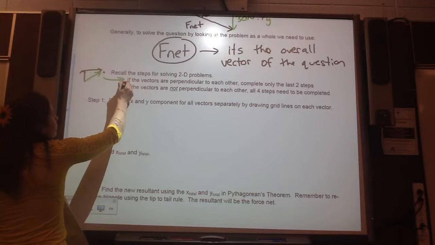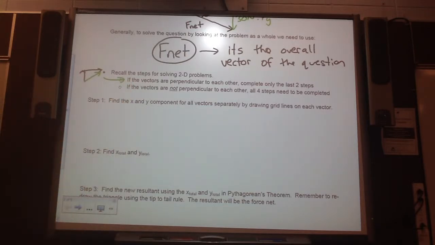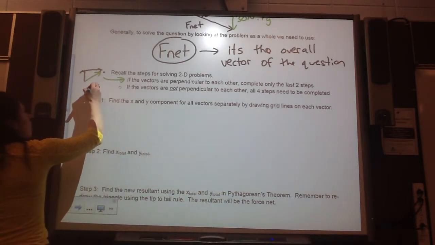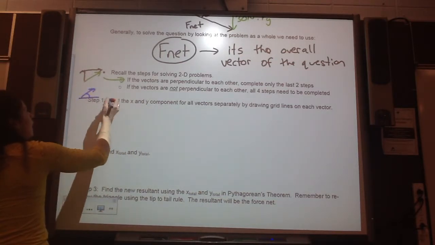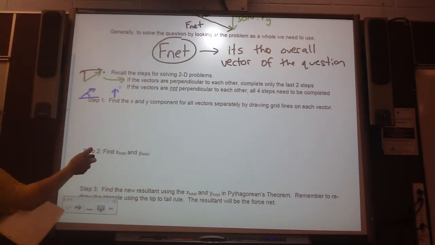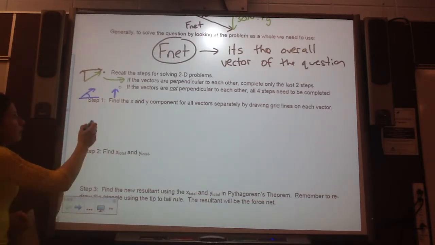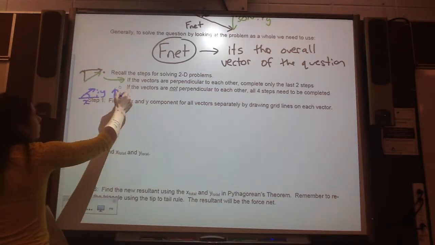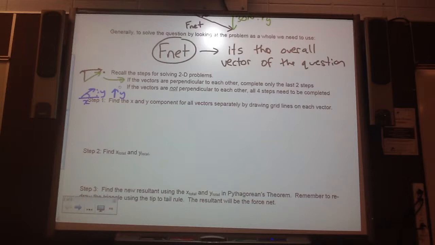If the vectors are not perpendicular, say there's one going at an angle and one going north and south, you need to break those down into their x and y components. So this takes a couple more steps if there are things going at angles.